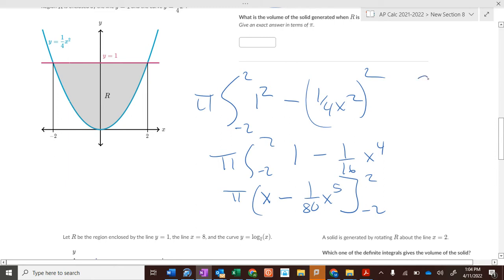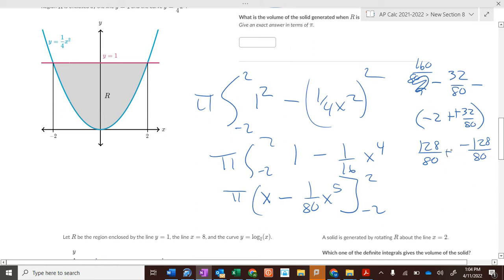So if we stick it in, 2 minus 32/80 minus -2 minus a -32/80. 2 minus 32/80 is 160/80 minus 32/80 is 128/80 minus a -128/80. Wait, what if they have both been 160 on the bottom instead of 1? Oh wait, never mind. Sorry.